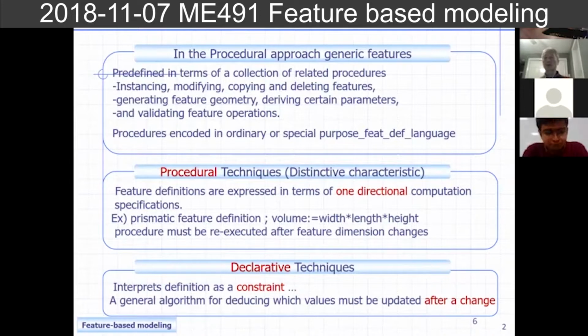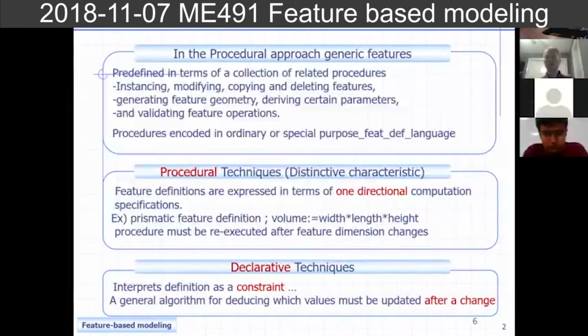So once a good set of constraints or declarations is given, you can solve those constraints together at once to arrive at the conclusion. That is the way. But the procedural one is what we are doing in commercial CAD systems using modeling menus or commands.